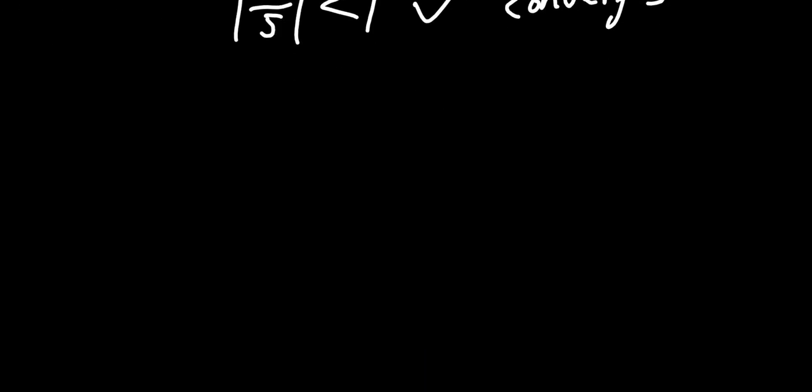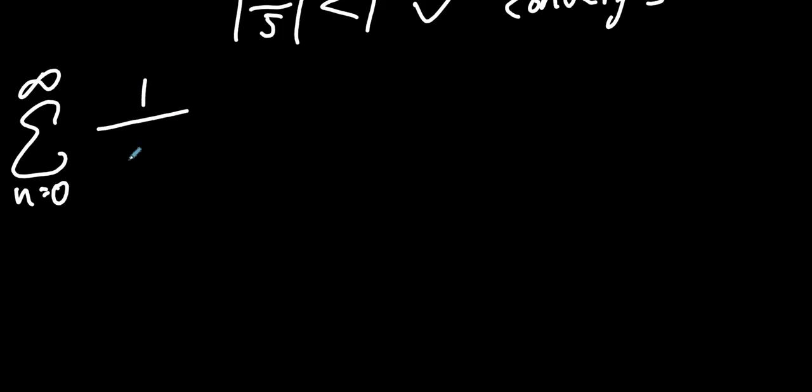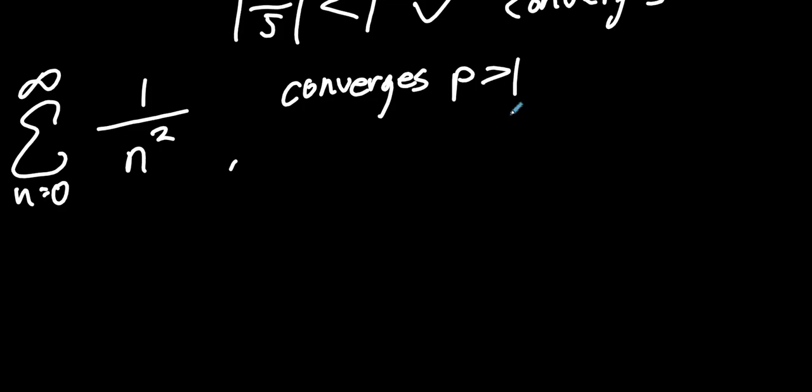For the next test, the p-series test, all you're going to need to do is be able to recognize this little format, a 1 over a power. So 1 over n squared here. So this series converges if p is greater than 1. So if we had something like 1 over n as a sum, it would be divergent, right?